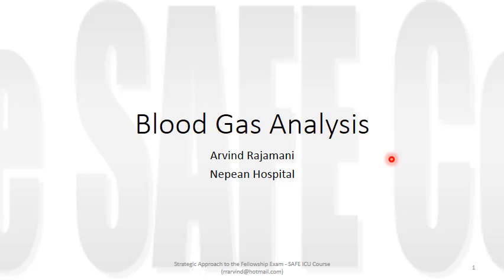Now, another thing I want to say straight up is there's been a lot of controversy over the past couple of decades about the best approach for blood gas analysis, with some people saying that the conventional Brønsted-Lowry theory is good, and others saying that the Stewart approach is better.